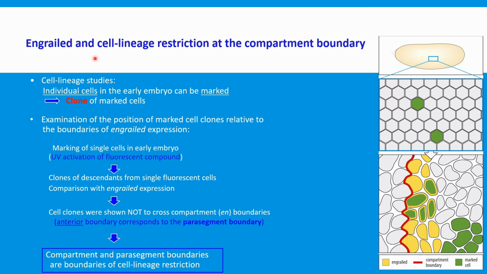And these experiments defining the role of engrailed, for example, in cell lineage restriction, forming this border, have been done using cell lineage studies via a technique that I'm going to detail later.